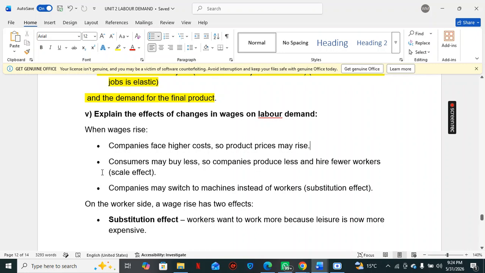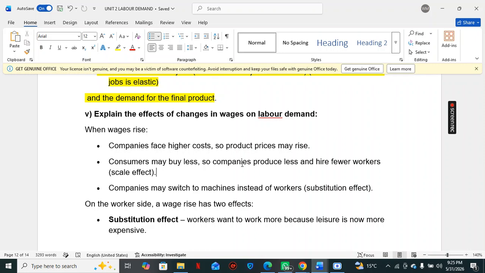This is the scale effect, colleagues, where consumers buy less, so companies have to scale down production due to the lower demand. Since the firms are producing less, they won't need the same workforce, so they hire fewer workers.